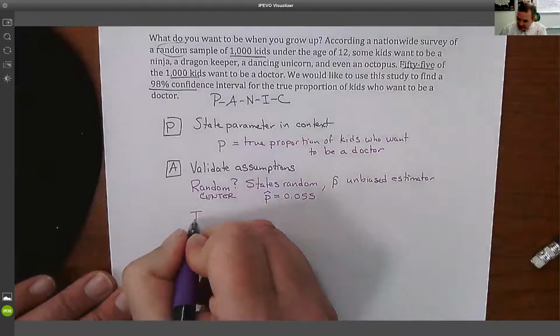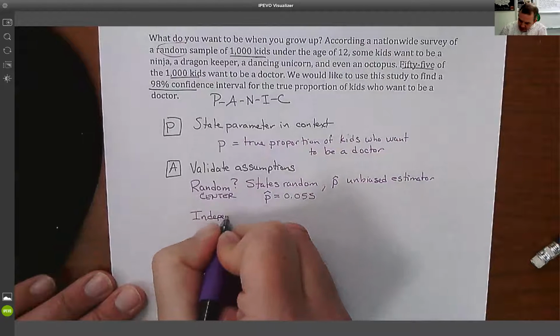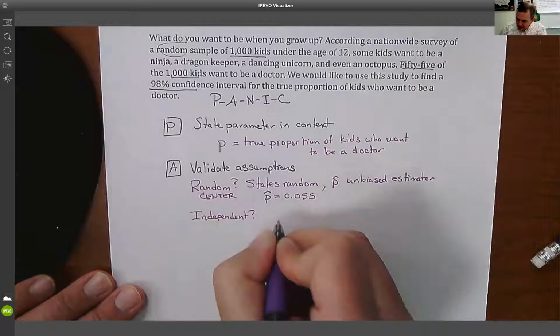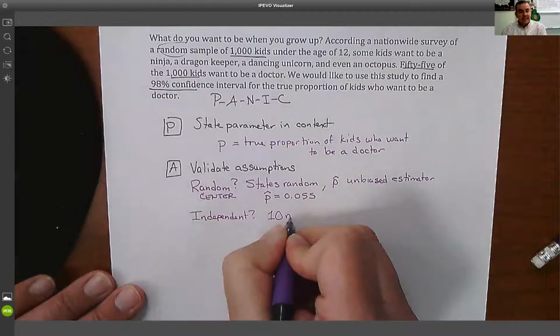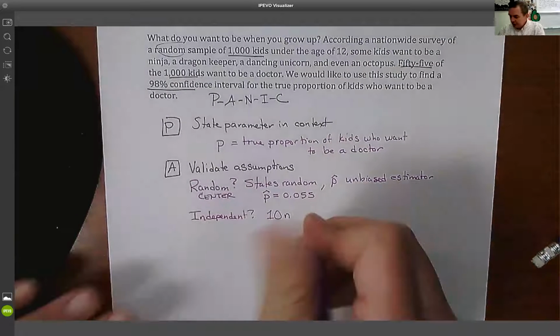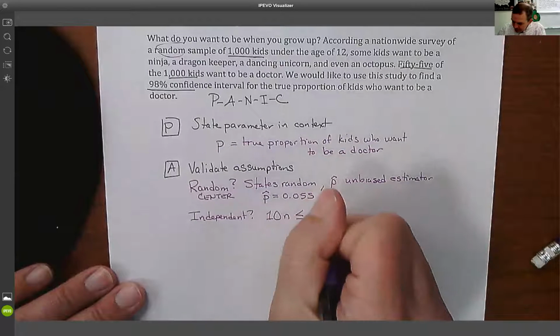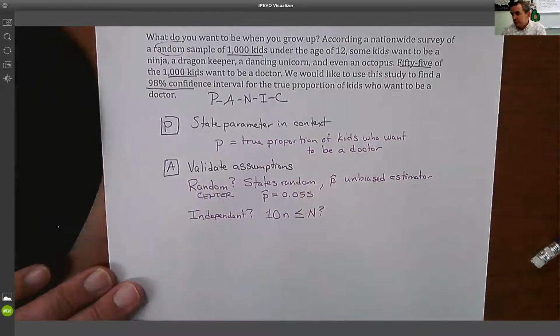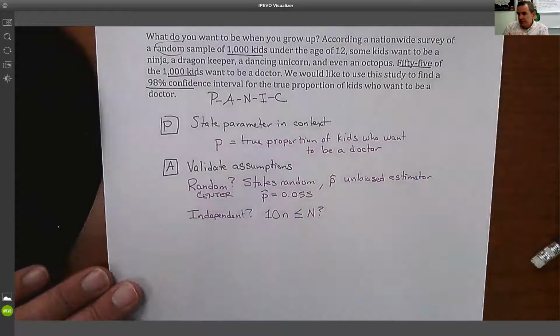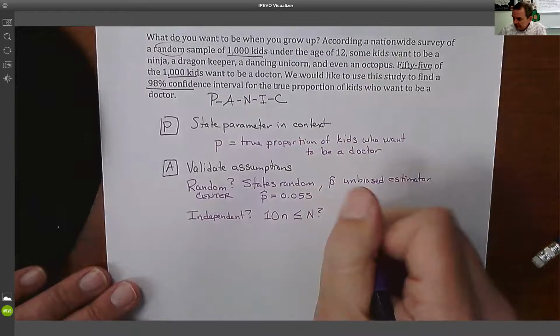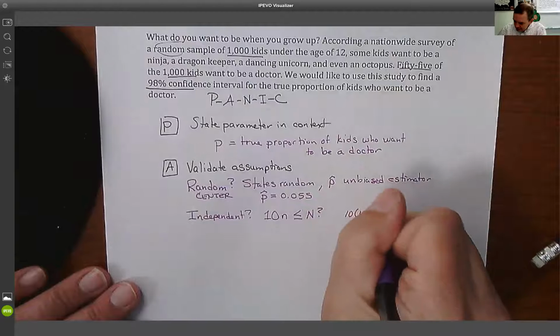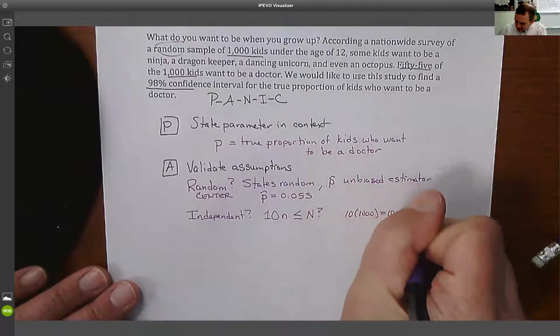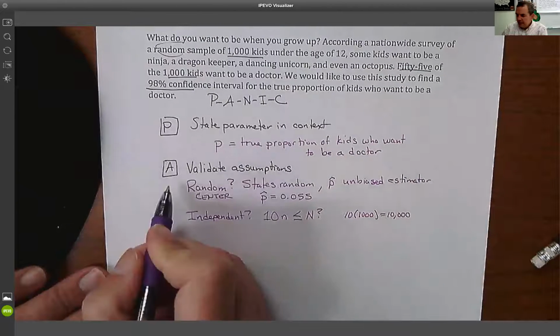My next check is independent. Right now, I'm going to stick with the 10n check. We take 10 times our sample size and compare that to our population to see if that's a true statement. Later on, we're going to change it when it's an experiment, but right now we're still going to stick with the 10n. So 10 times 1,000 is 10,000, and we're comparing that to our population.